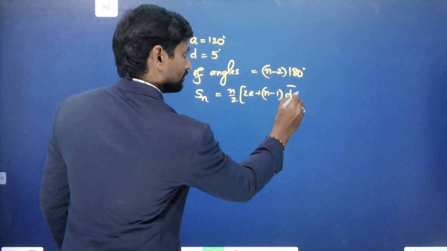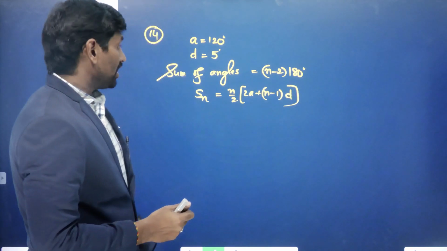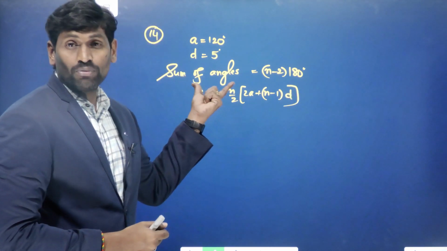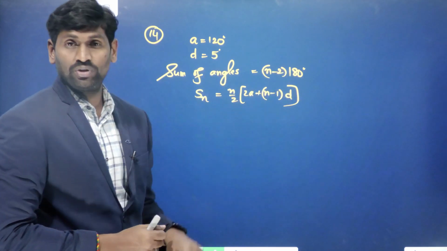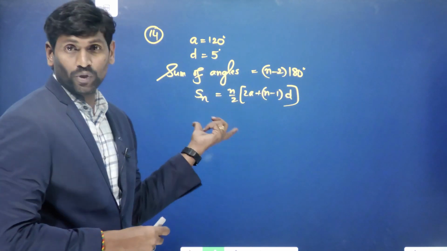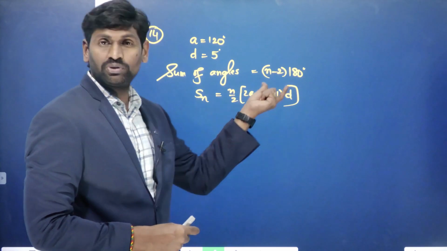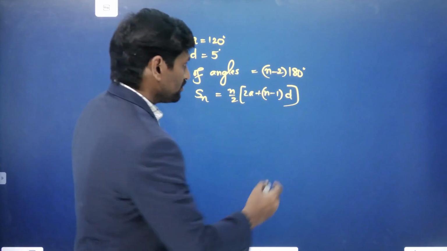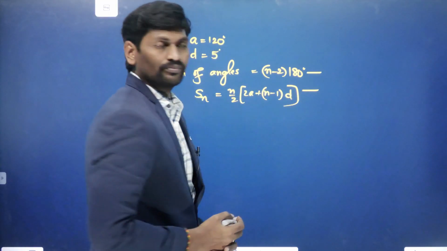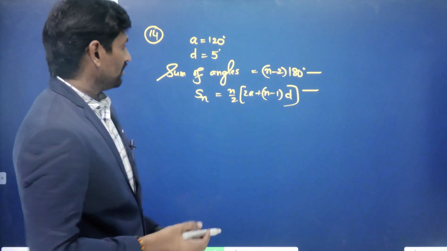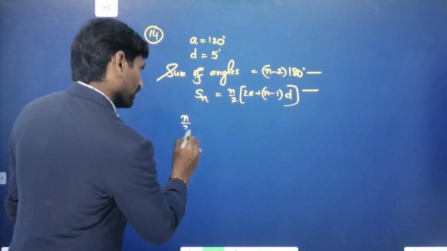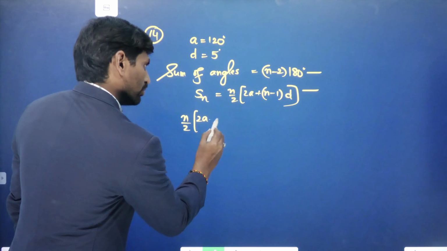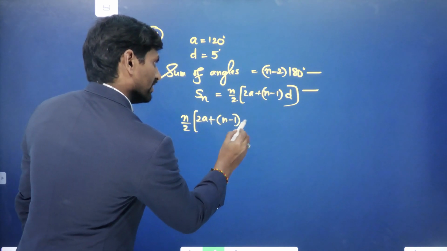According to the condition, the sum of angles of a polygon is n minus 2 into 180, and according to the progression, the sum is n by 2 into 2a plus n minus 1 into d.